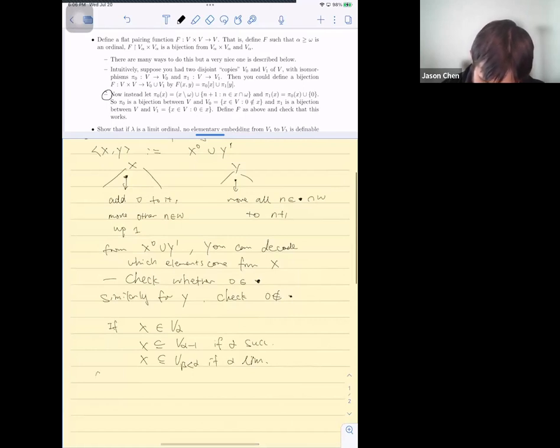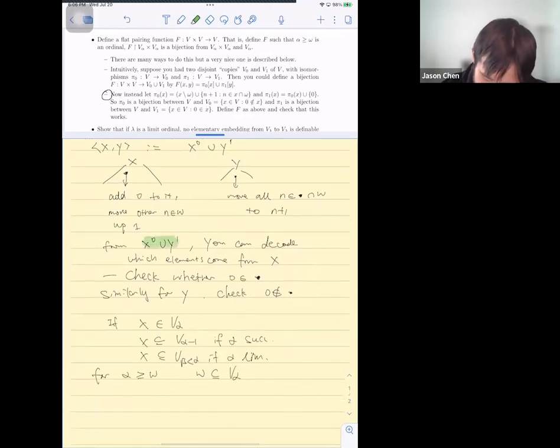And so for alpha greater or equal to omega, all the natural numbers are in it. So omega is a subset of V alpha. So this operation of modifying stuff so that 0 gets in there or 0 doesn't get in there produces a set that gets into the von Neumann hierarchy at the same time that X does.